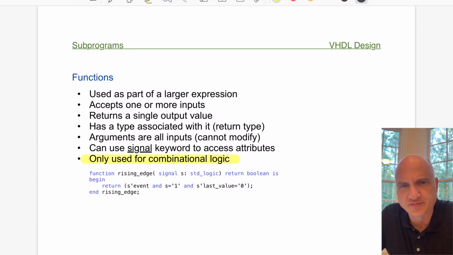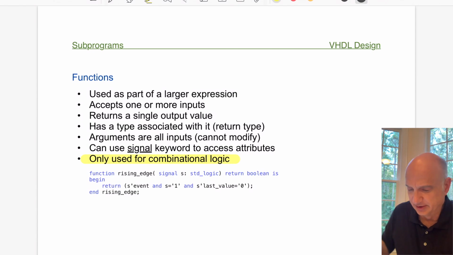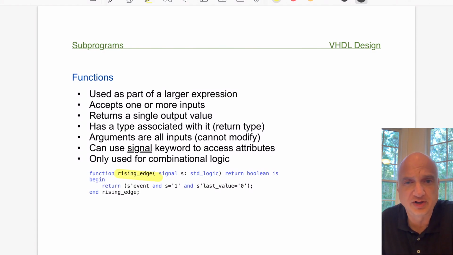Let's take a look at this first example, and we're going to look at another one in a minute that's more complex. But this function here is the rising edge function. Now, as we've seen before, the rising edge function was declared as part of the standard logic library that we continually use, the 1164 IEEE library.